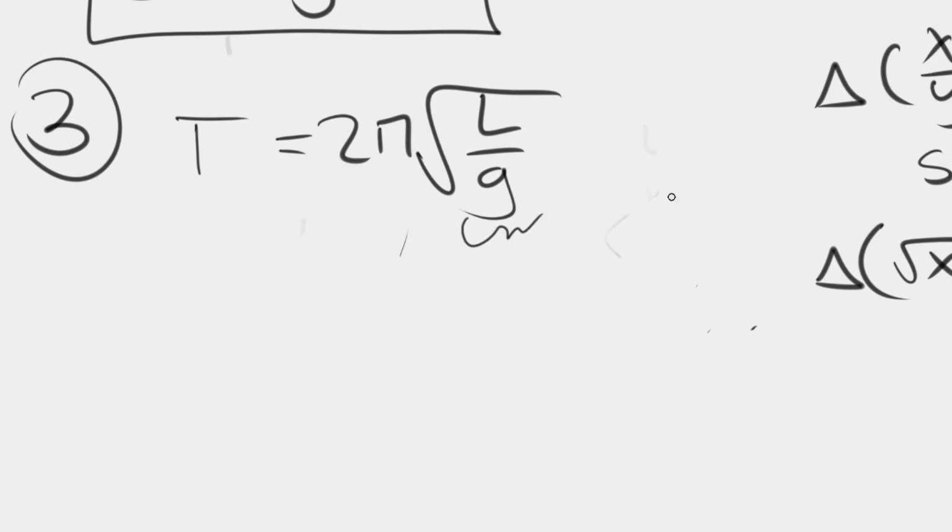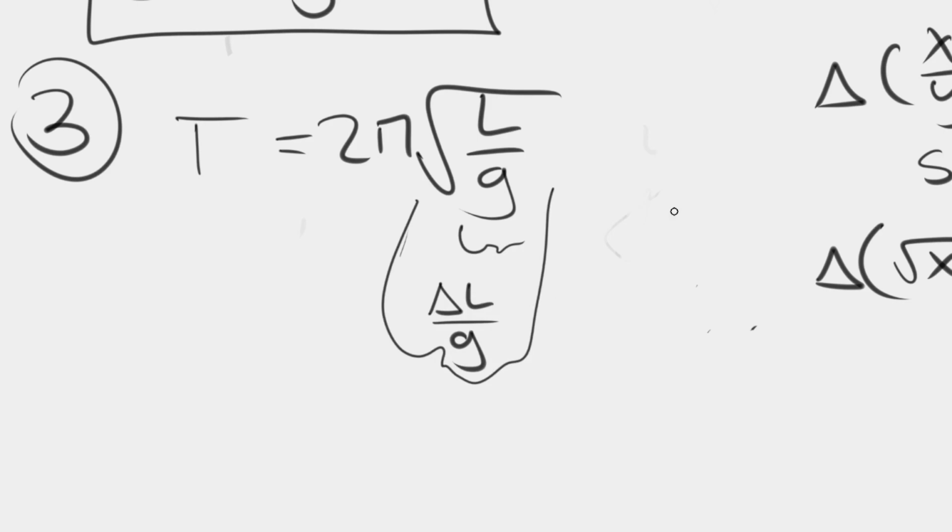Following PEMDAS, it would be the very first thing over here. So the uncertainty of L over g is just going to be delta L divided by g. And then to find the uncertainty of the square root, this is a really bad diagram.